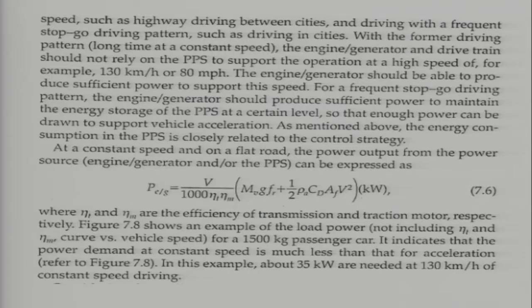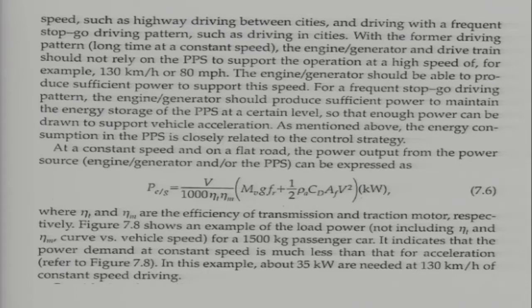For a frequent stop-go driving pattern, the engine or generator should produce sufficient power to maintain the energy storage of the PPS at a certain level, so that enough power can be drawn to support vehicle acceleration. So when you are frequently stopping and starting the vehicle, in that case the PPS is a supporting parameter.